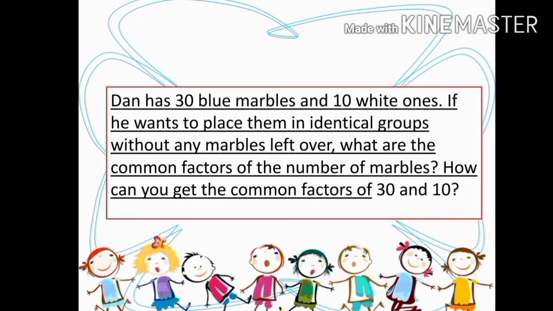If he wants to place them in identical groups without any marbles left over, what are the common factors of the number of marbles? How can you get the common factors of 30 and 10?